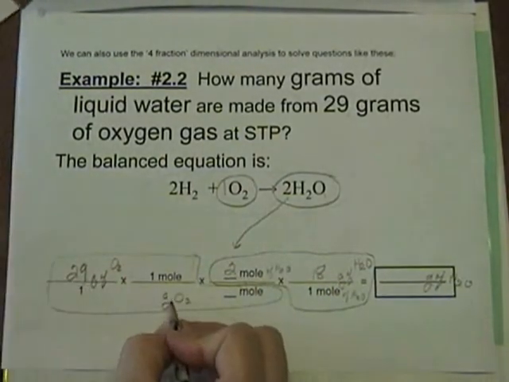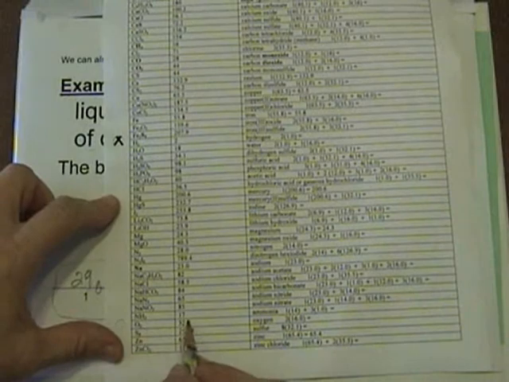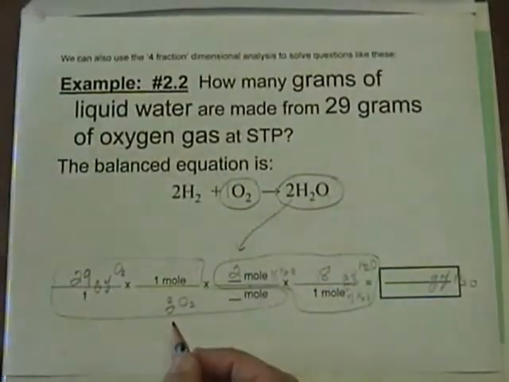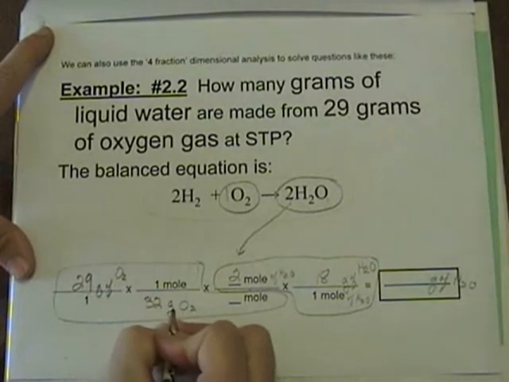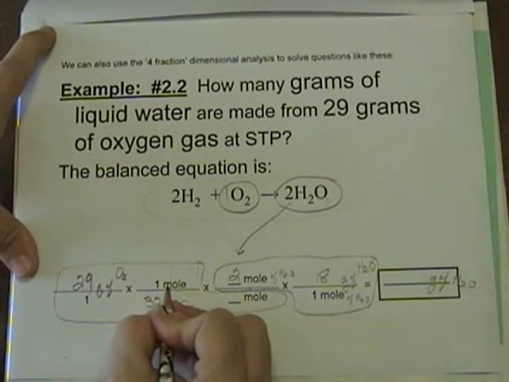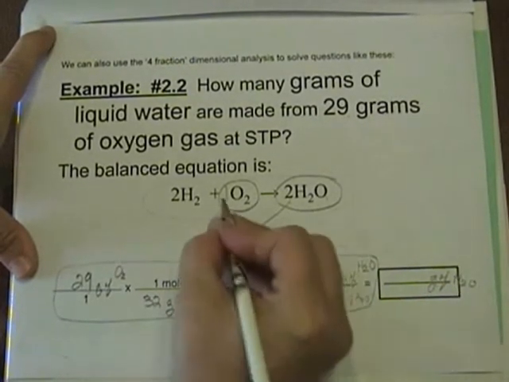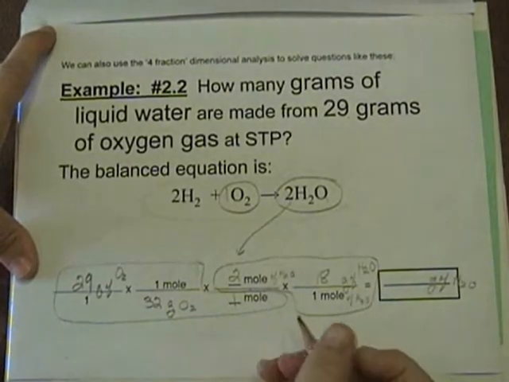Okay, so we need O2's molar mass. So we look on here, and oxygen's molar mass is 32. So that's the number we're going to put right here. 32 grams of O2 is equal to 1 mole. All right, and then we need to put here the coefficient, which in this case is 1.